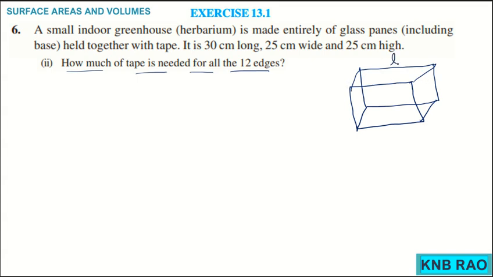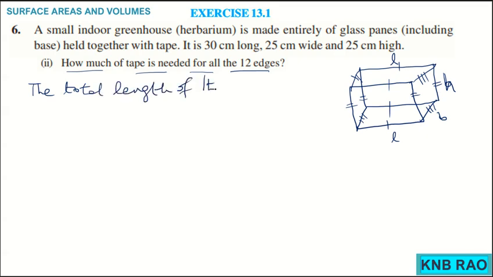Along the edge means along the length 4 times, along the breadth 4 more times, and along the height 4 times. That means I have to add the total length of the tape used.